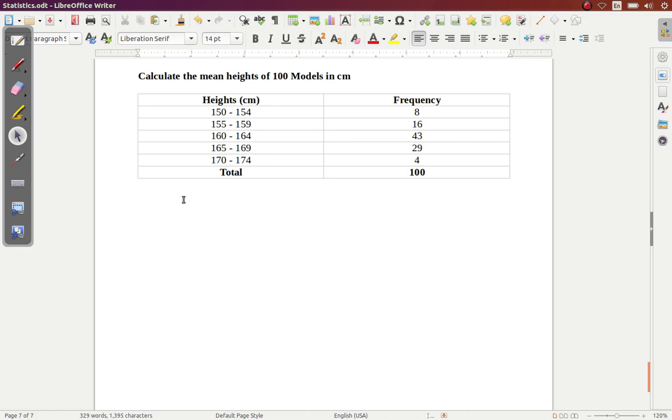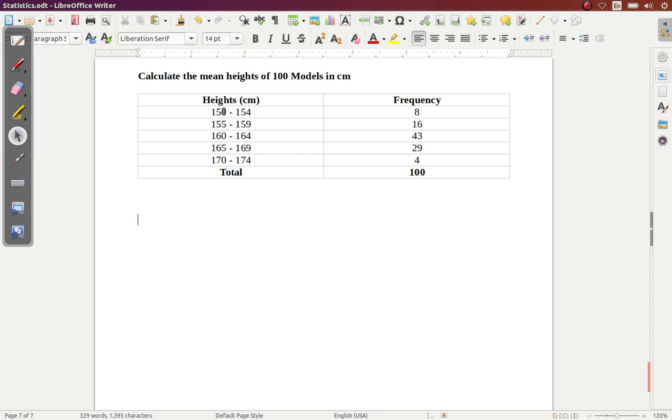Calculated the mean height. Now, you remember previously we looked at calculating the mean of a frequency distribution. Now the difference is that this is a grouped frequency distribution.